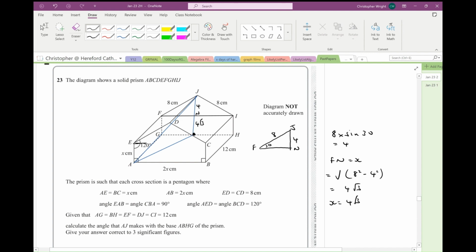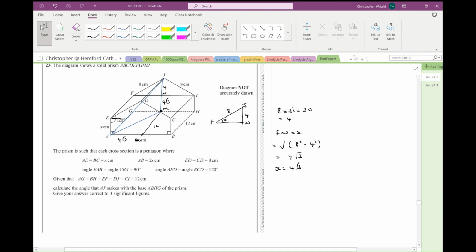I'd really like to know what the length from A to M is, that midpoint. Now I know this length here is 4√3, and I know that that's 12, don't I, there? Look at that. So I can find AM.